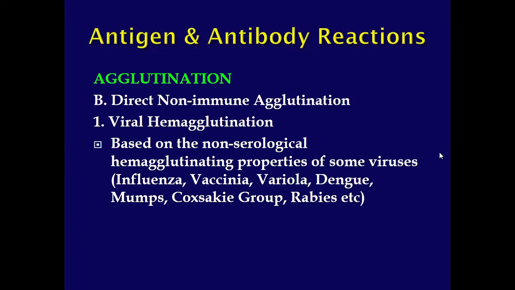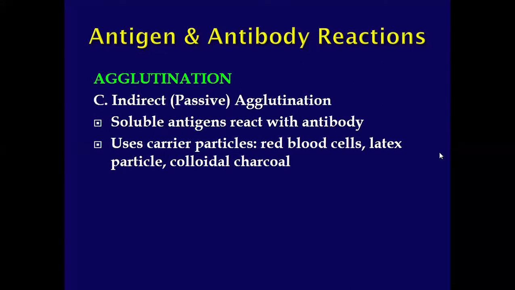They have this property, the capacity to agglutinate the red blood cells. And then we have the indirect or the passive agglutination. Again, the soluble antigens are made to react with the antibody with the use of carrier particles like RBC, latex particle, or colloidal charcoals.